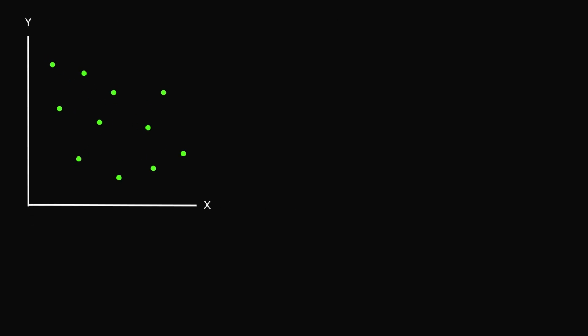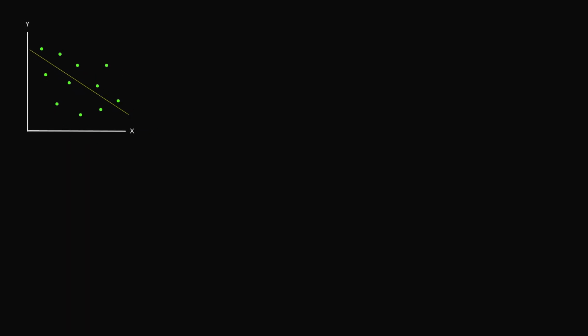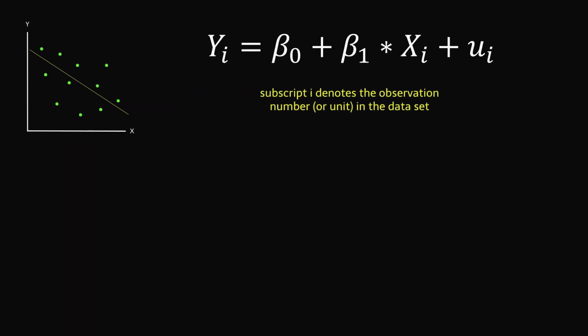Now, suppose we obtain data for the entire population. The population regression describes how the expected value, or average value, of the dependent variable y depends on the independent variable x across the entire population. Mathematically, we write the population regression model as yi equals beta 0 plus beta 1 times xi plus ui.